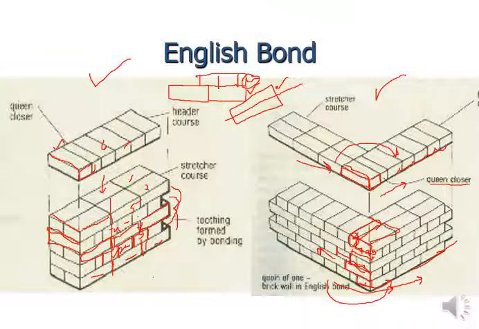So what you have to remember is that you are adjusting the dimension of 7.75 at the corner with the help of queen-closer. So this 2.25 and then again 4.5 and 4.5. So that's what you have to remember.